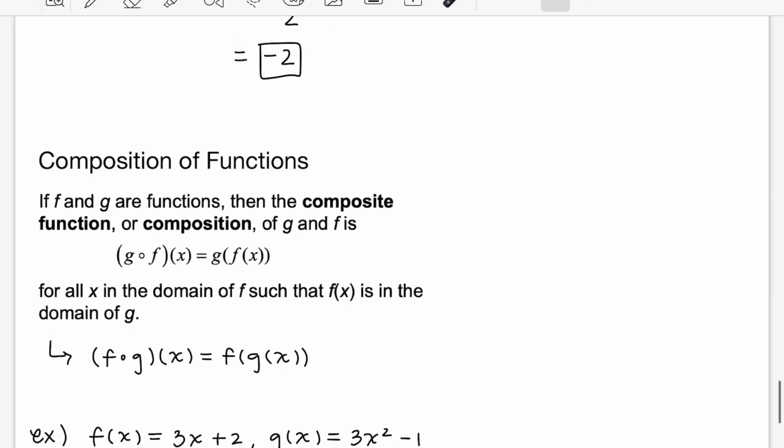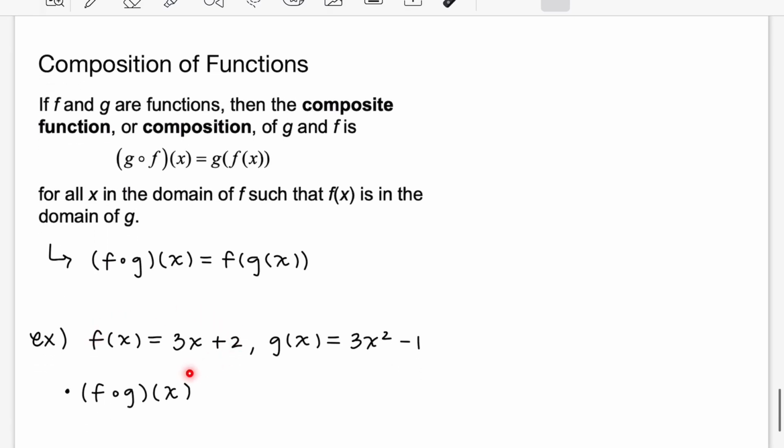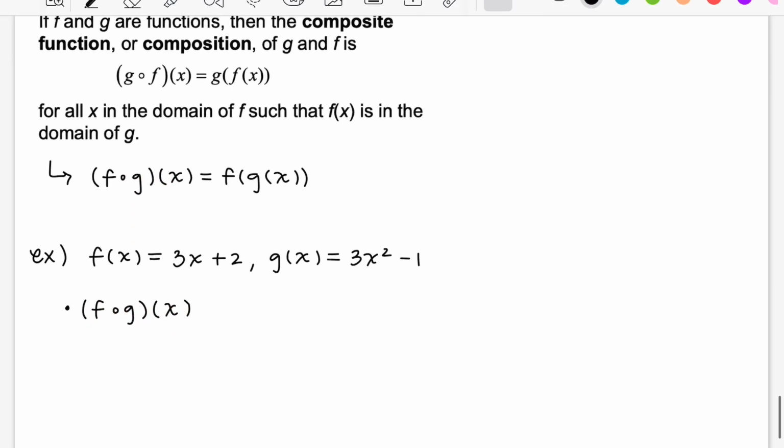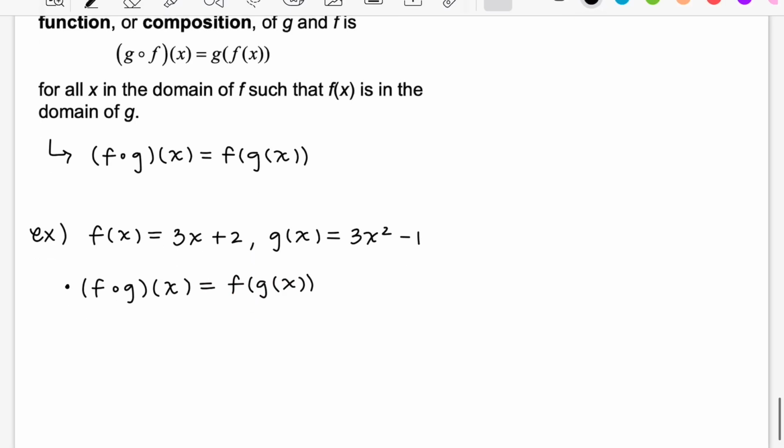So let's look at an example of this here. Say we're given f of x and g of x here, and we want to find this guy. So this is going to be the composition of f and g, which can also be written like this, which just emphasizes that we're plugging g of x into our function f of x. All right, so just how we've been doing, if we're going to evaluate f of x at g of x, we're going to plug in our entire g of x into f of x wherever we see an x value.